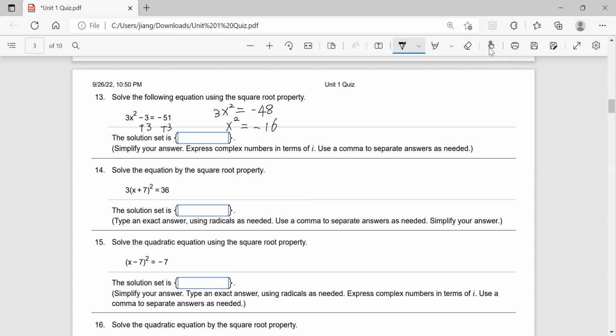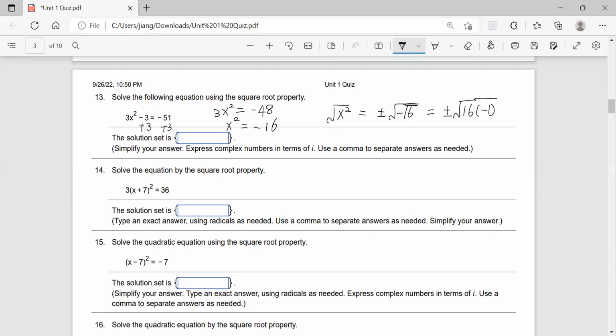So take the square root of both sides. If you do this, you have plus or minus square root of negative 16. What is the square root of negative 16? That's not a real number. That is positive or negative square root of 16 times negative 1.